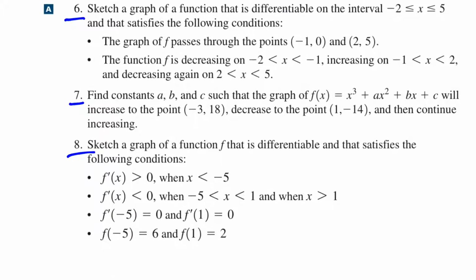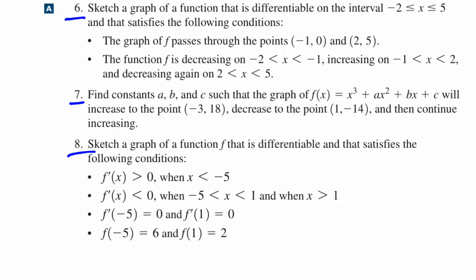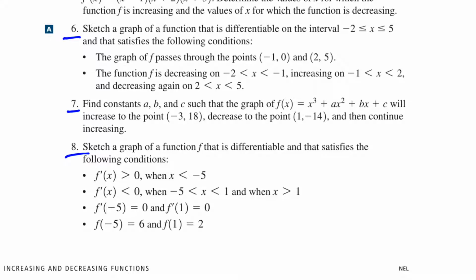Question number 7. Find constants a and b such that the graph of f of x equals x³ plus ax² plus bx plus c will increase to the point (negative 3, 18), decrease to the point (1, negative 14), and then continue increasing.